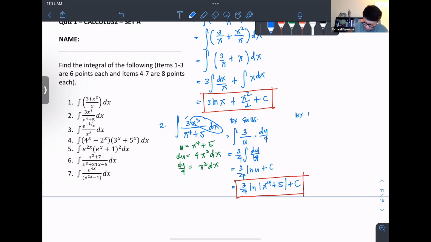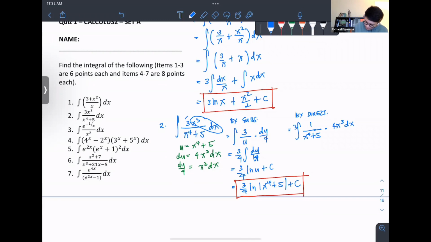If you want it by direct method, I'll just have the integral where the one below, u, is x to the 4th plus 5, and our du is 4x cubed dx.